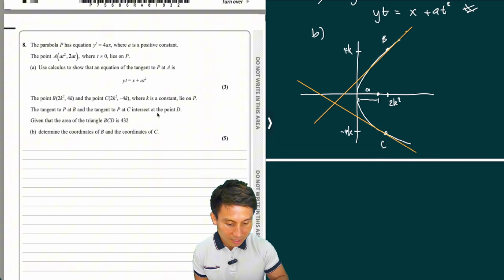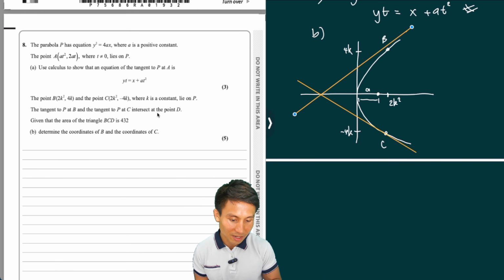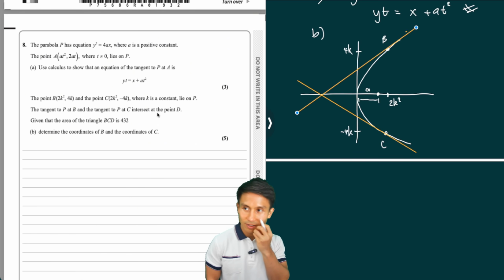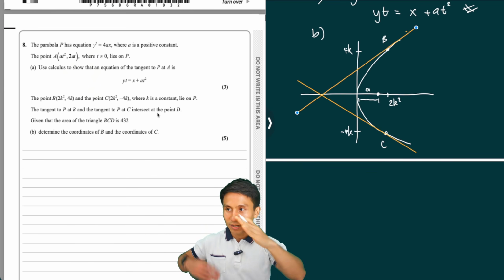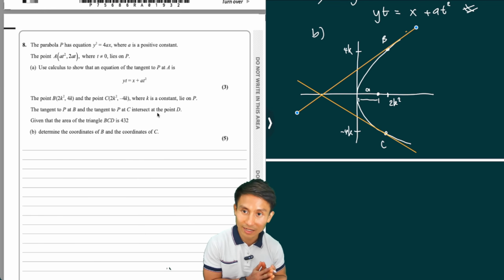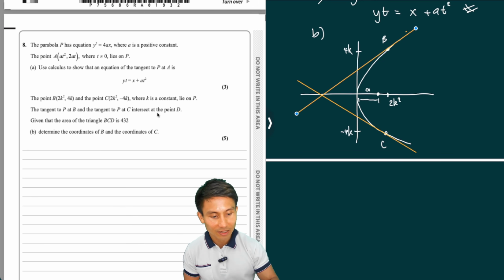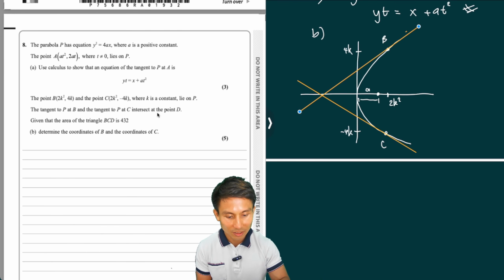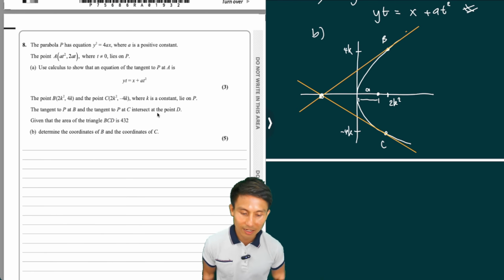Intuitively, they should intersect at the x-axis, because B and C are exactly on the same vertical alignment. So when you draw a tangent, their gradient should be the opposite. Like one is positive, the other is negative. So they should intersect on the x-axis. That's the logic there. If you use some logic in math, it's going to make it easier, guys. You don't need to use algebra all the time.